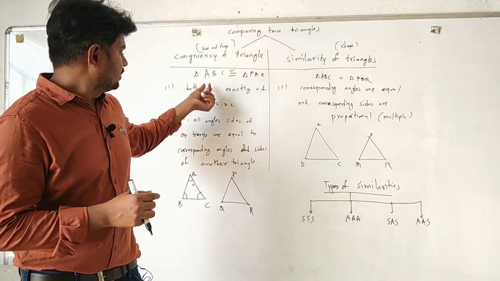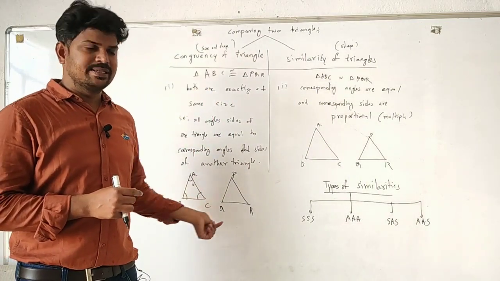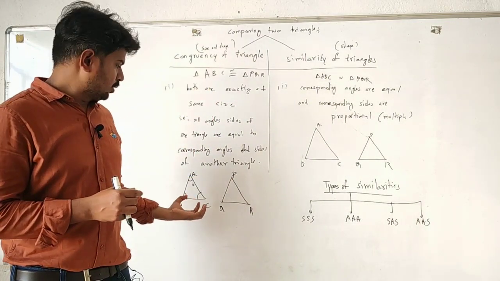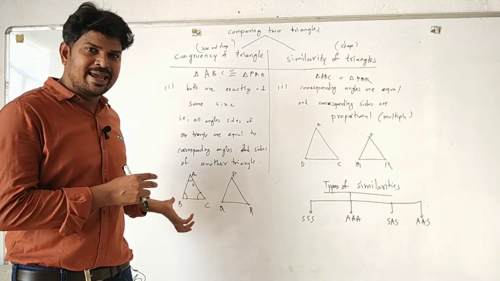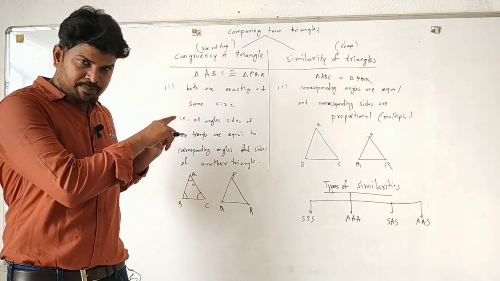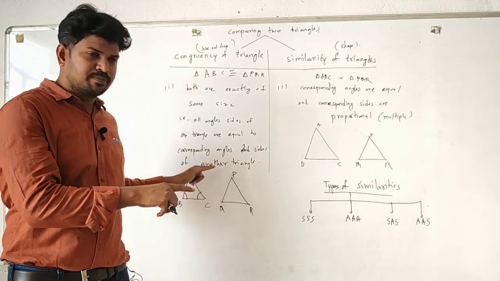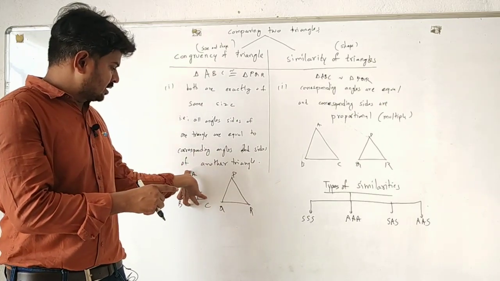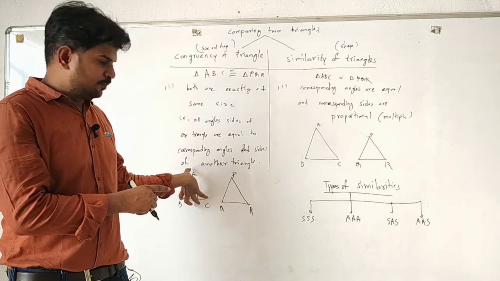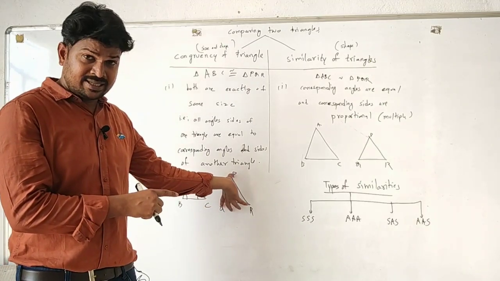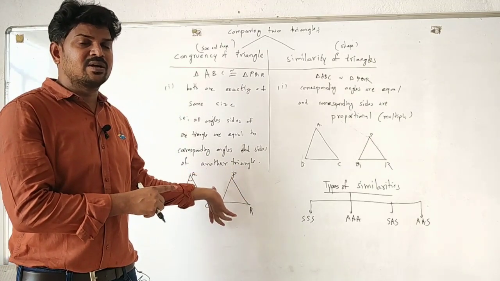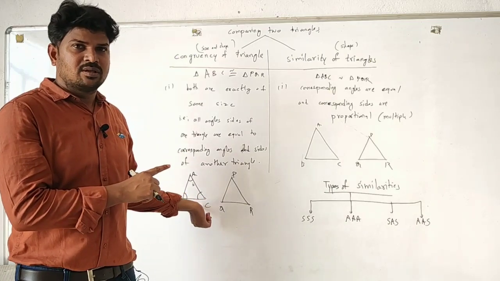So here I have taken these triangles A, B, C and P, Q, R. Both look the same in shape. This is shape, this is shape. And size means the space it occupies. If both sizes are the same and shape is the same, then they are called congruent. Got it?